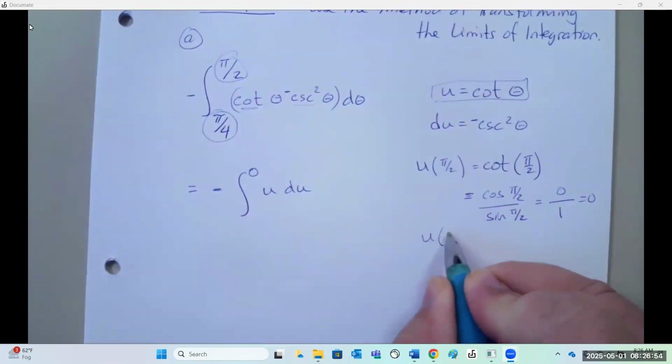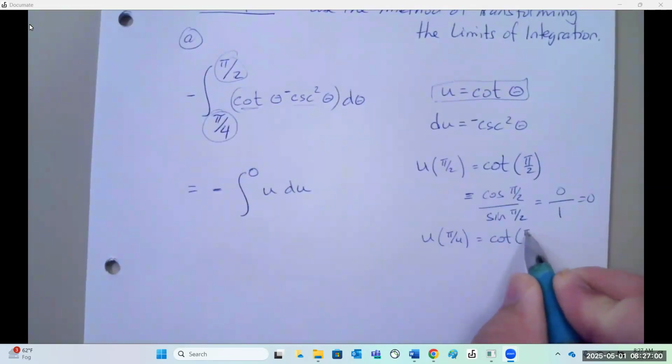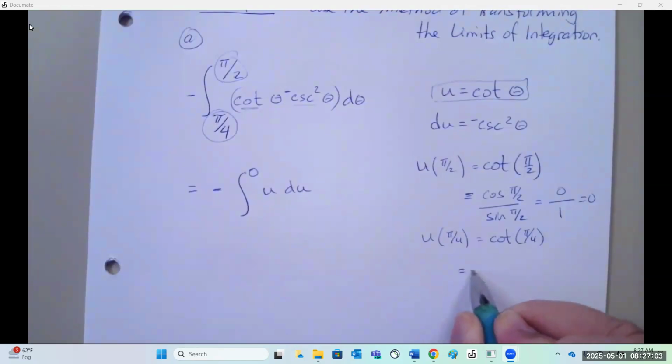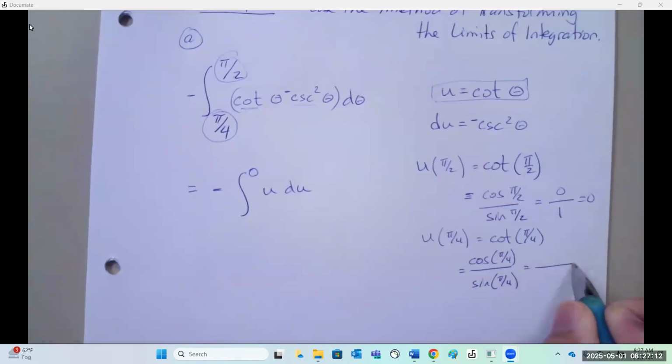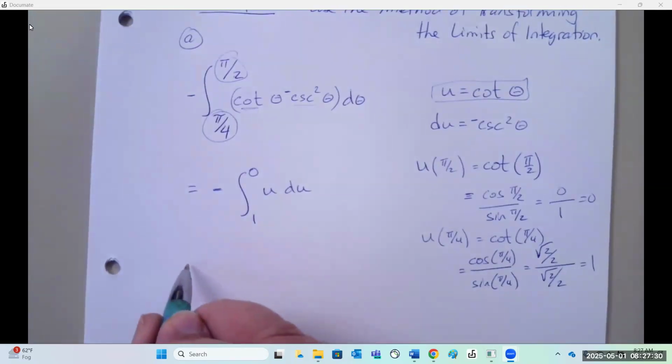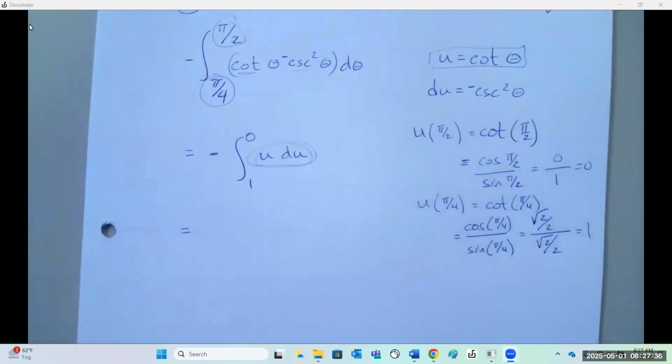And then the lower bound at pi over 4, cotangent of pi over 4 is cosine pi over 4 over sine pi over 4, which is square root of 2 over 2 over square root of 2 over 2, which is 1. So all we have to do is take the integral of this function there.